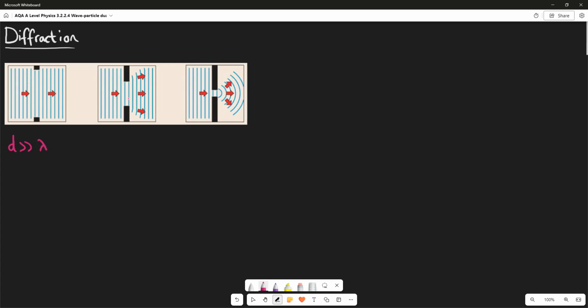In the second diagram, the gap is still several times larger than the wavelength, but you can see diffraction starting to occur. We have this peak here, and it passes through the slit, but on the edges it is starting to bend. You can see there.